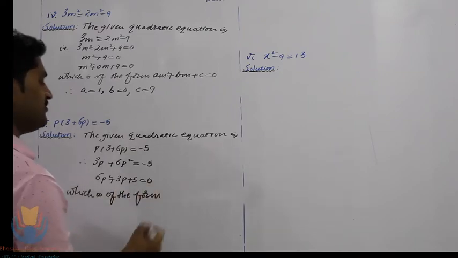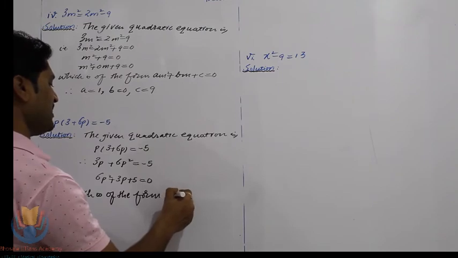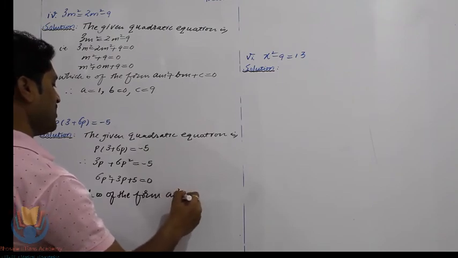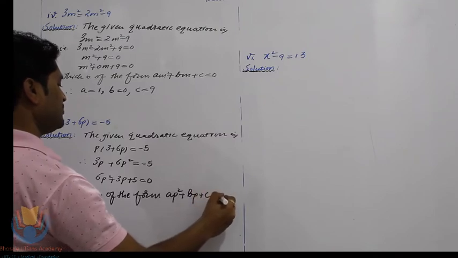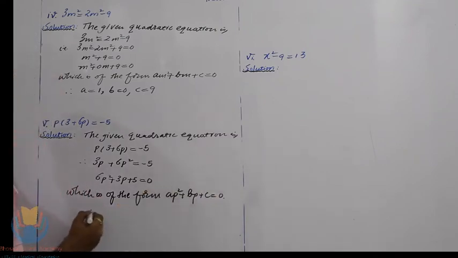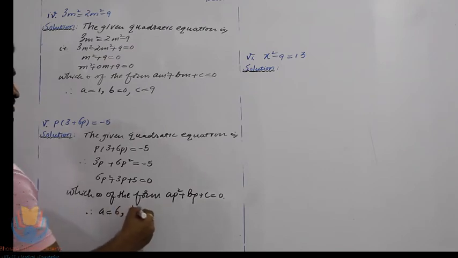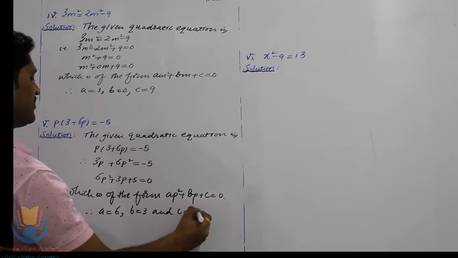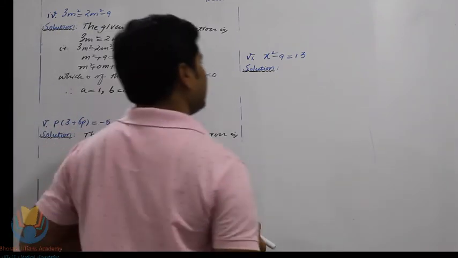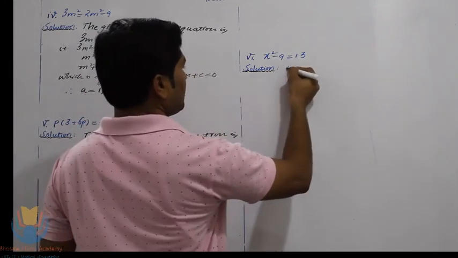So here p is the variable, so we will write that general form as ap square plus bp plus c is equal to 0. Therefore the value of a will be 6, that of b will be 3, and the value of c is 5. So let's continue with the last sum of this question number 3.